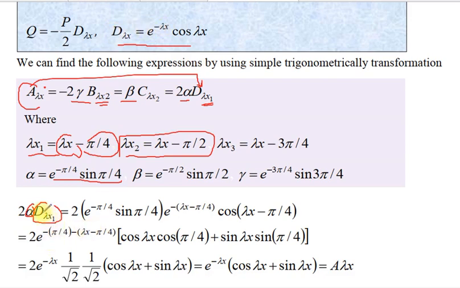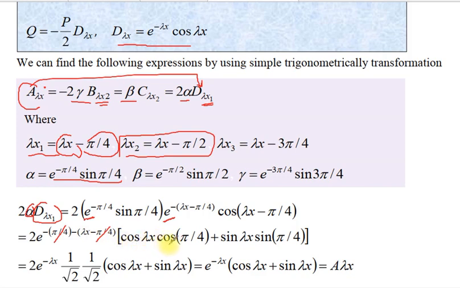Therefore, here instead of D lambda x1, e to the minus lambda x1, that is lambda x minus pi over 4, cosine lambda x minus pi over 4. 2 times e, since here e, these are similar, e to the minus pi over 4 minus lambda x minus pi over 4, minus times minus, positive with negative, remains minus lambda x.